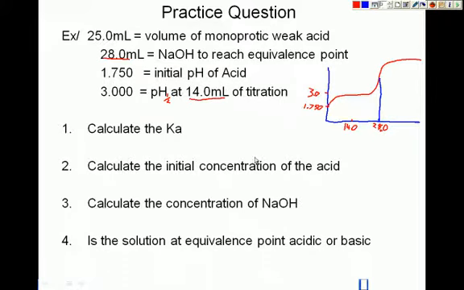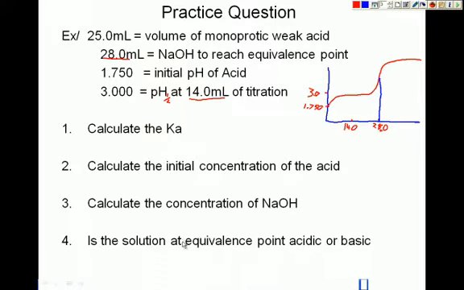What I want you to do is calculate the Ka with this information and this graph that we made together, and calculate the initial concentration of the acid. Then I want you to calculate the concentration of the NaOH. You're going to calculate that just using stoichiometry, so no ICE tables or anything like that.